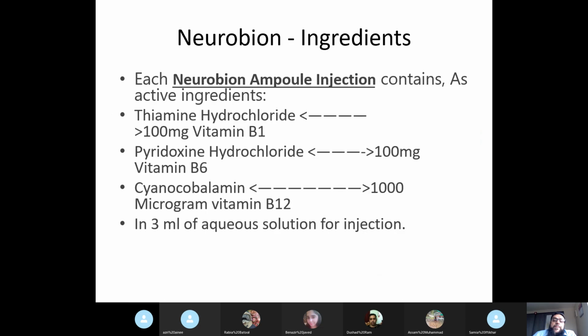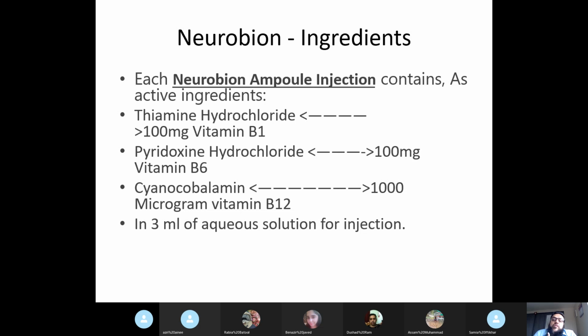Thiamine is exactly 100 milligrams, so that's fine. We don't need the full 250 as long as we are giving Neurobion three times a day. That will give 100 milligrams thiamine.